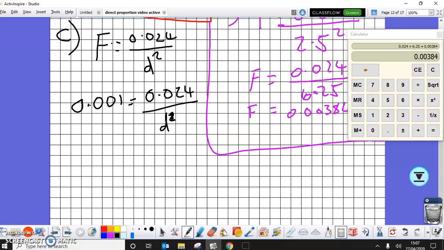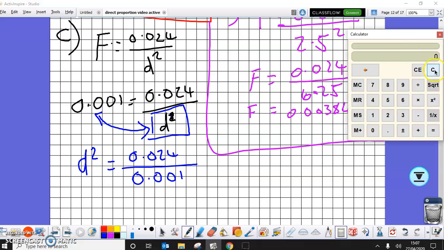Okay, so at this point, remember, if we want the subject at the bottom, we can't square root it at this point because it's not on its own. So we're going to swap these over. We're going to rewrite it, D squared equals 0.024 divided by 0.001. And we're going to do that calculation first. 0.024 divided by 0.001 gives me 24.